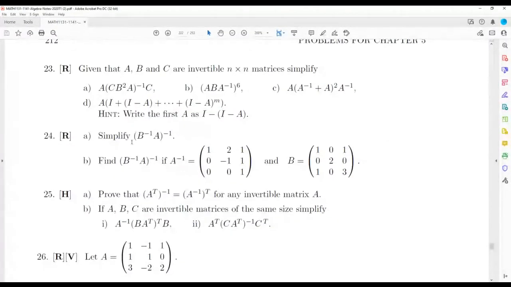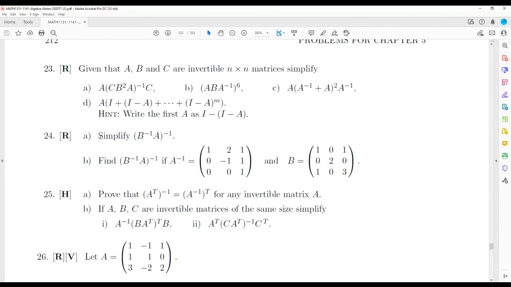Okay, so I'll just go back to my PDF. Now this is a routine question, but I think it's an important one because in the final exam, you'll see things like this all the time, these little matrix algebra type of questions.